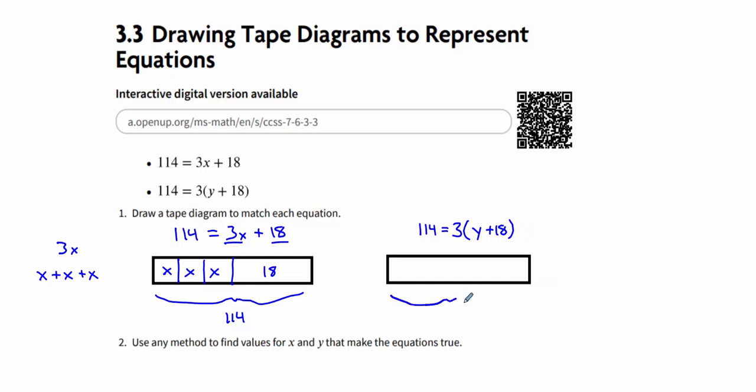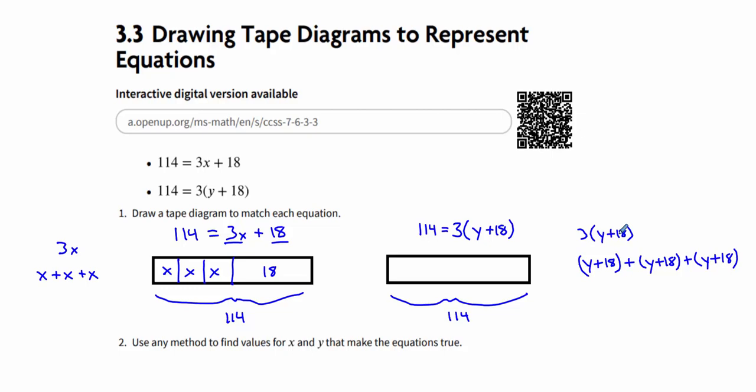So my total is going to be 114, and 3 times the quantity of y plus 18 is the same thing as y plus 18 plus y plus 18 plus y plus 18.